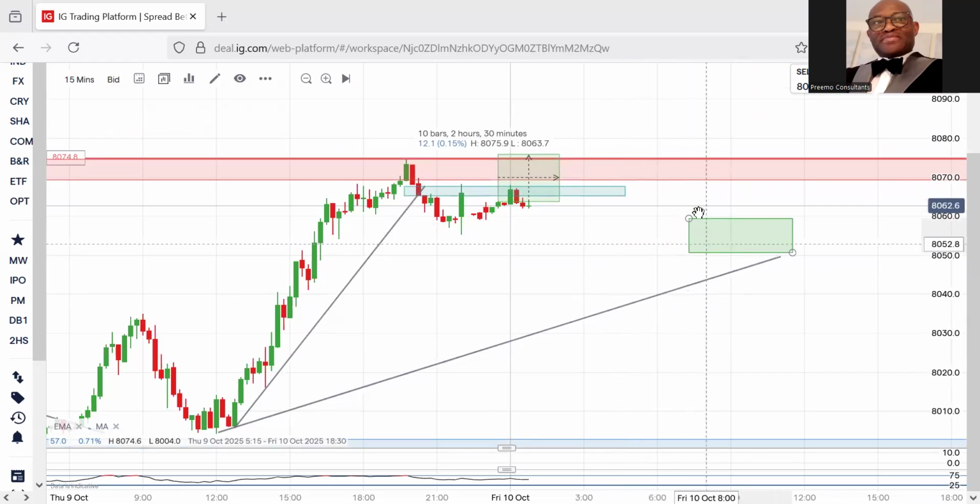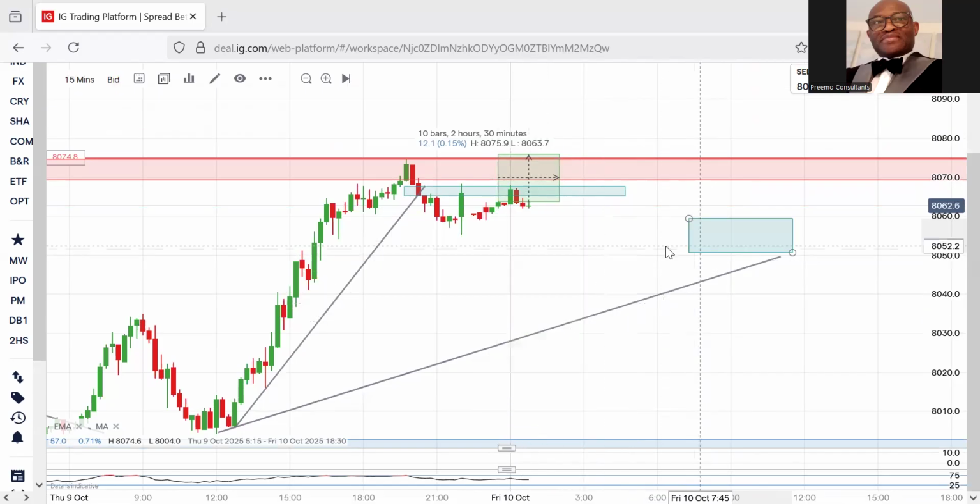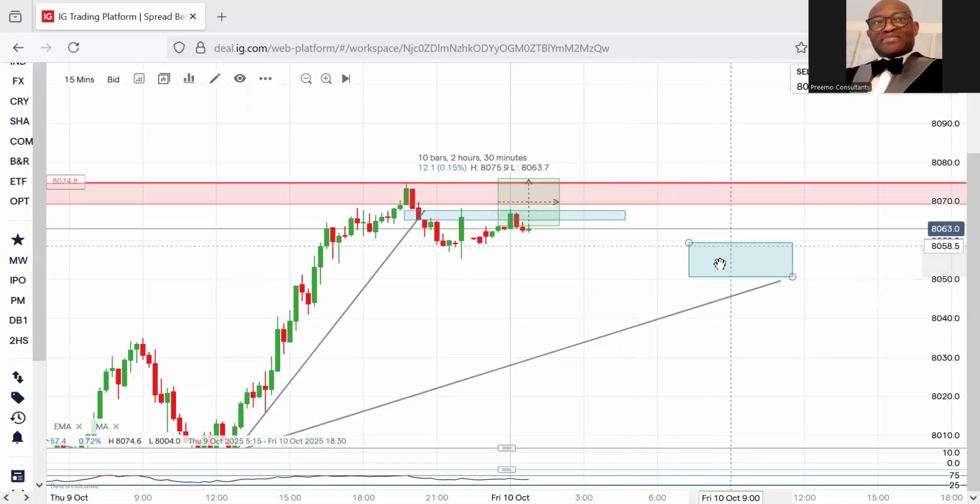So around 8 o'clock, around this focus zone, we are going to enter the market. We are going to sell the market from 8 o'clock later on today, and we'll see the best way to go in once we get to 8.